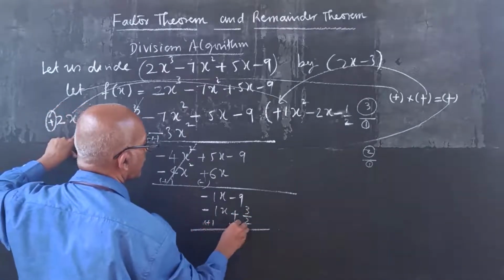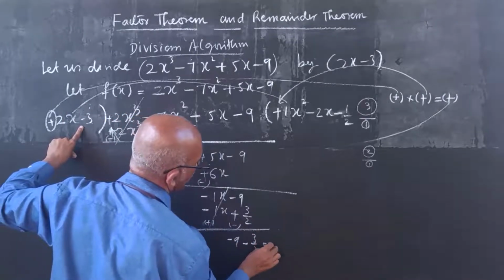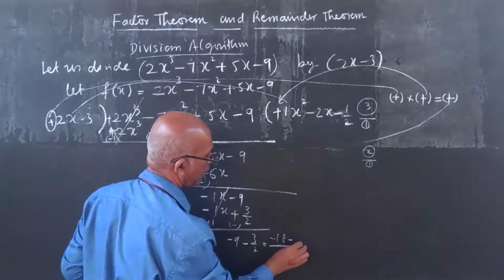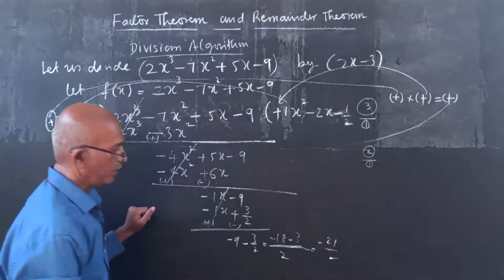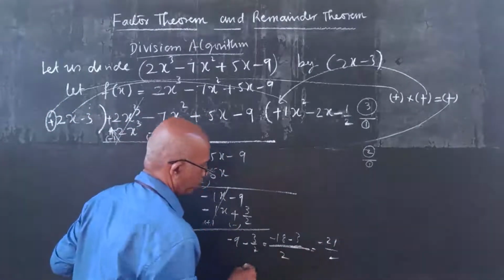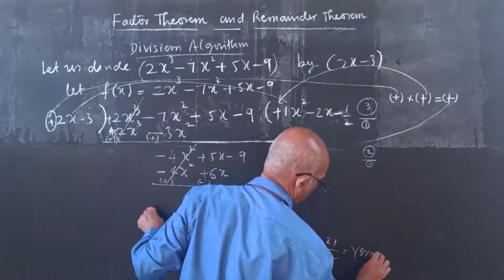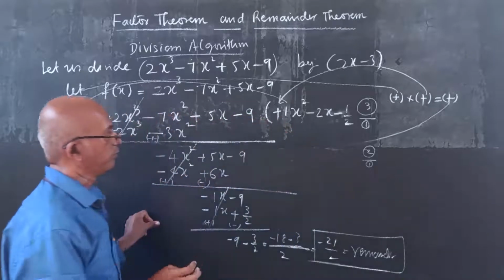Change the sign and add. So minus 9 minus 3 by 2. 2 is the LCM: minus 18 minus 3, that is minus 21 by 2. Now, this is your remainder. The remainder is minus 21 by 2.